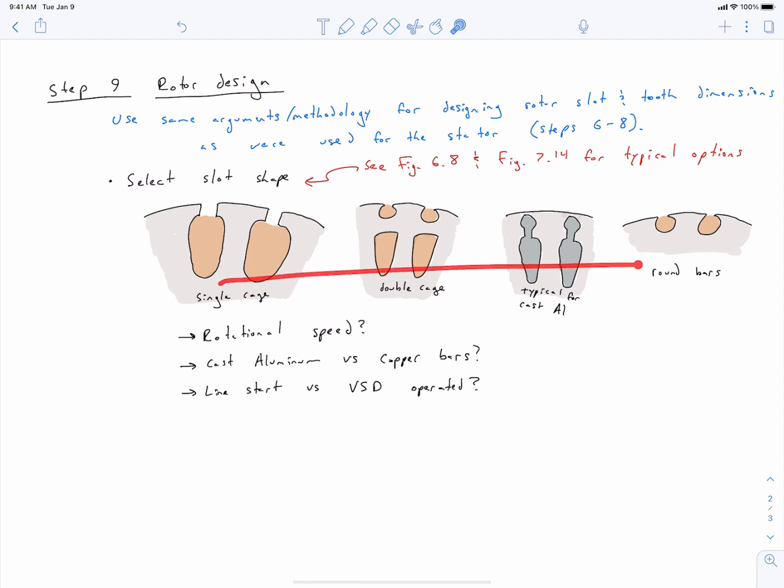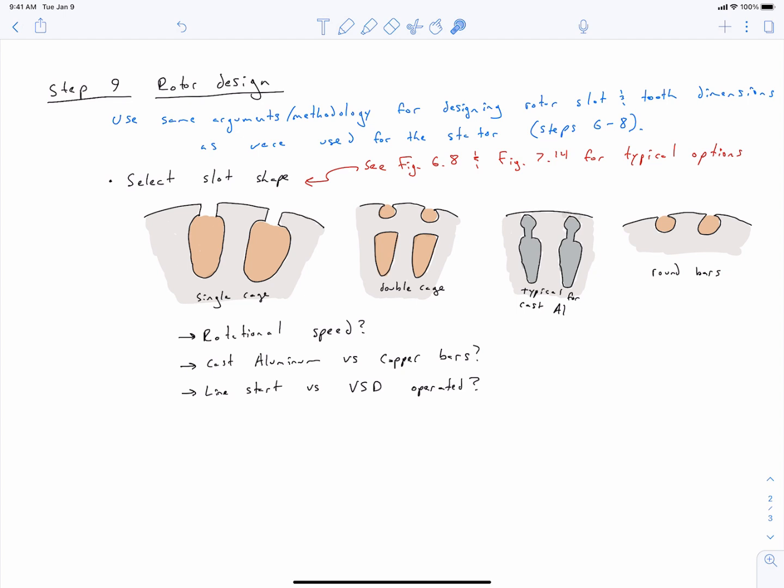So why would you pick one of these shapes over another shape? The first thing that comes to mind is, what is the rotational speed of your motor? What kind of structural integrity issues do you expect to have? At really high speeds, you'd use a solid rotor, and I guess I didn't draw that on here, but you could imagine over here I've drawn just a cylinder. A solid rotor would just be a conductive steel cylinder, perhaps with a copper finish on it, and maybe an etching pattern to help contour the shape of the current.